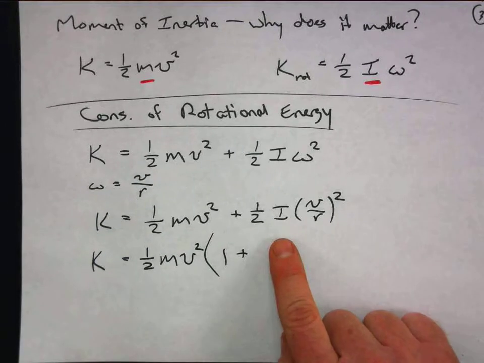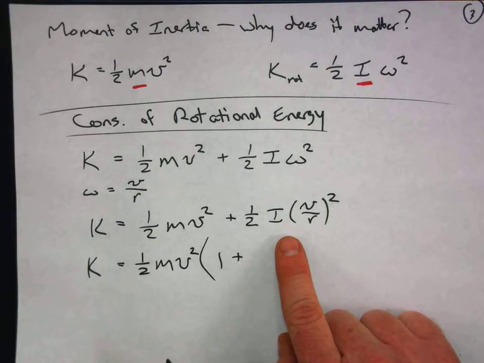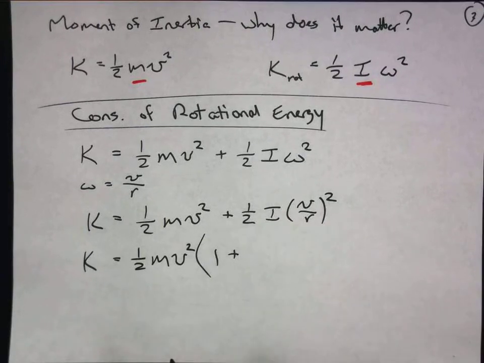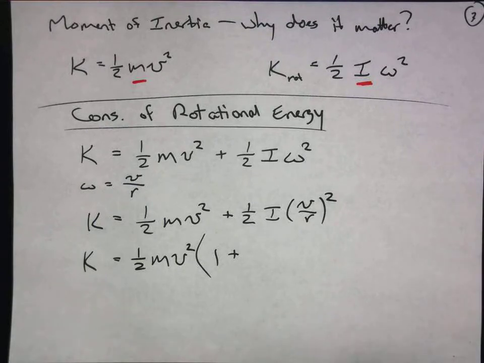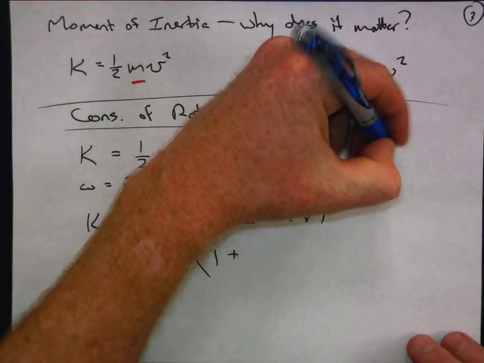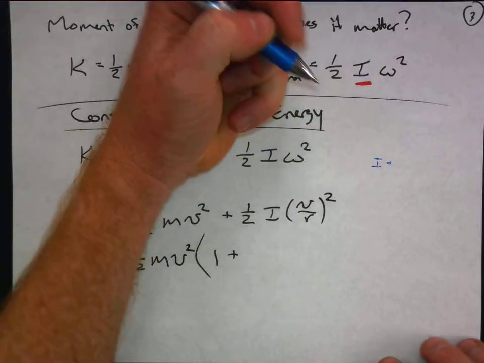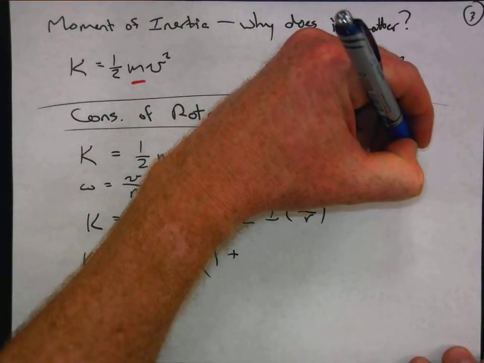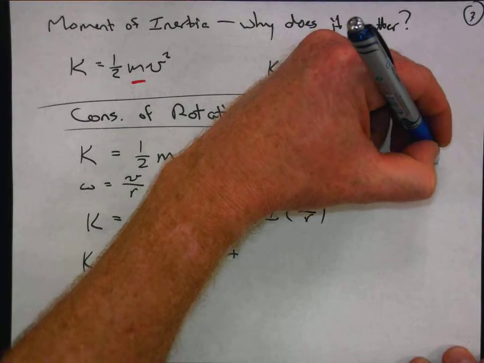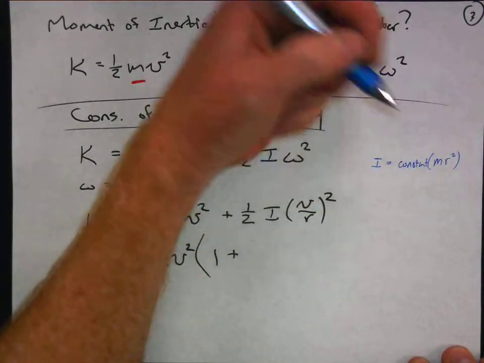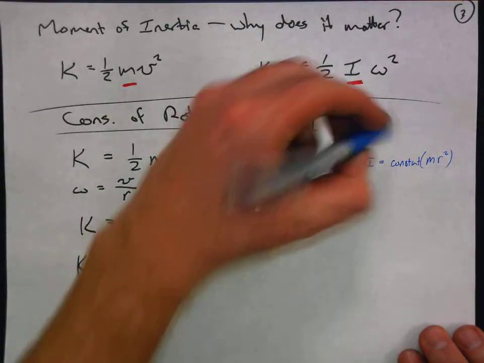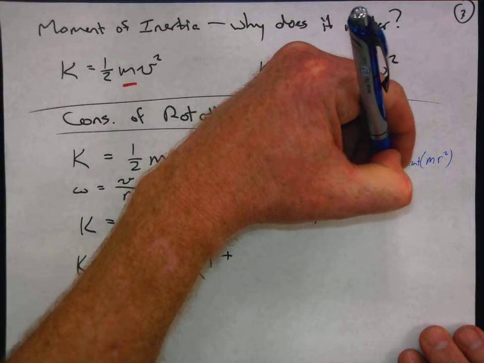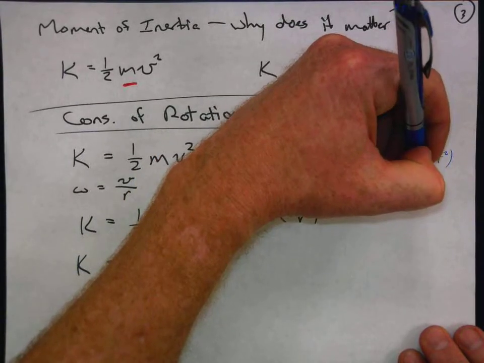Now in this side, when I factor out a 1/2 m v squared, I need to recall regarding moment of inertia, and I'll put this off to the side for you. Moment of inertia for various objects is just some constant multiplied by m r squared, right? And so that constant, if I divide both sides by m r squared, is moment of inertia divided by m r squared.